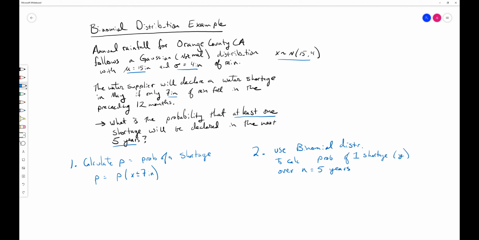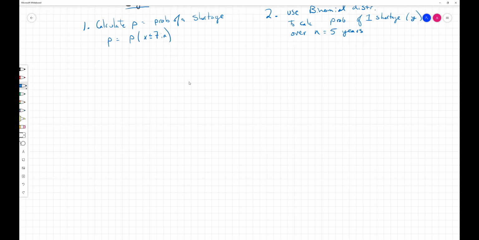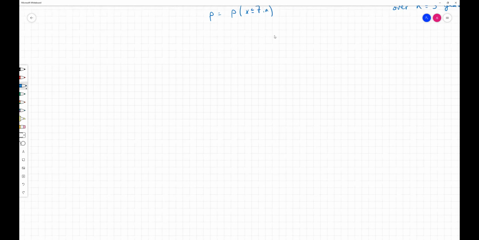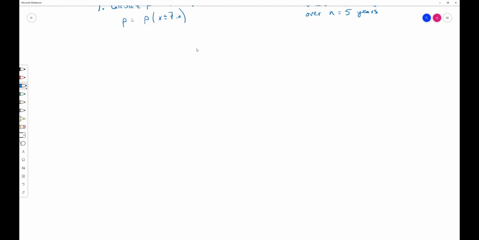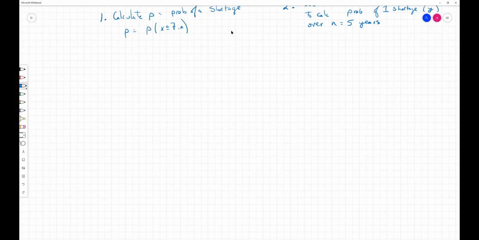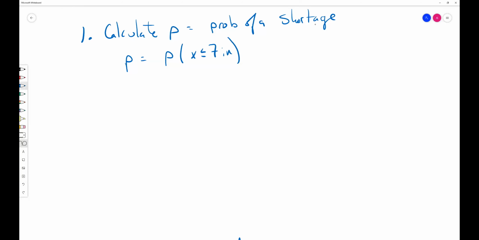First, we're going to do this first part, right? So the probability of our shortage. We said that X follows our normal distribution. So the probability that X is less than or equal to 7 is really just equal to phi.